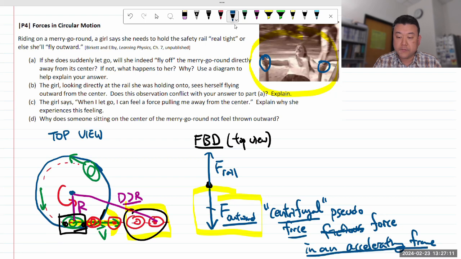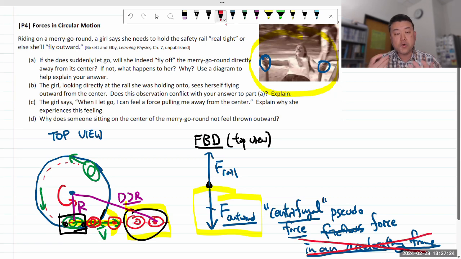I will give a slightly longer explanation in a bit. But the rule we go by in this class is that we don't analyze physical situations in an accelerating frame. For those of you who go on to become physics majors, or mechanical engineers analyzing some complex situation, you might use an accelerating frame, like a rotating frame.